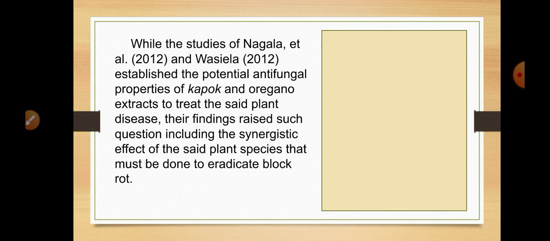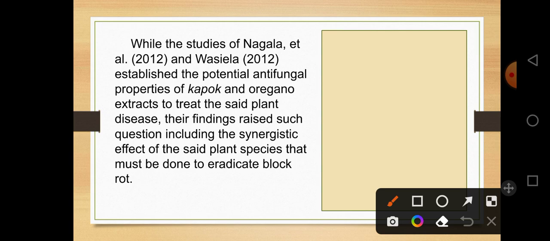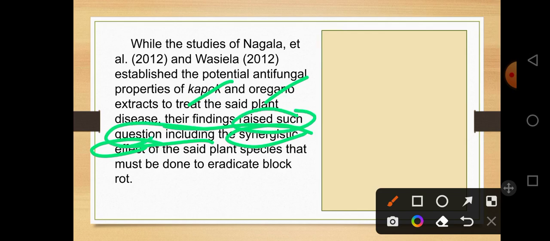So notice here, class, that the researcher here pointed out that the previous researches lack findings regarding the synergistic effect of the kapok and oregano. So the researcher here raised such questions. They asked such questions regarding the previous studies.